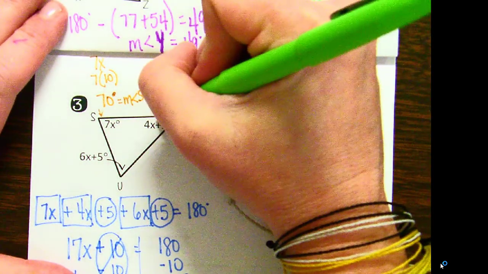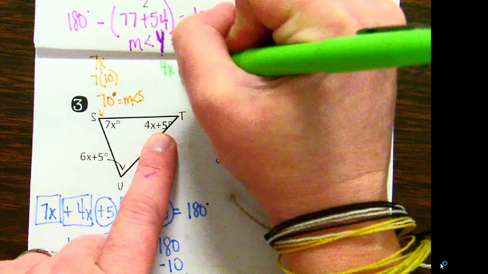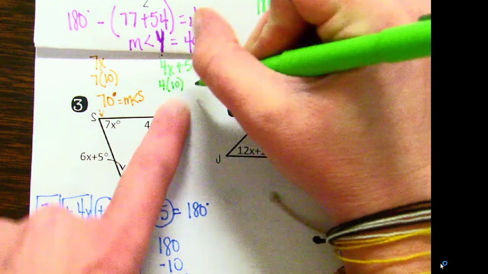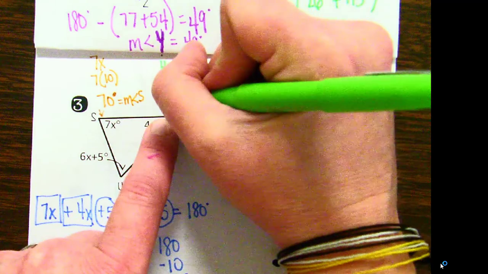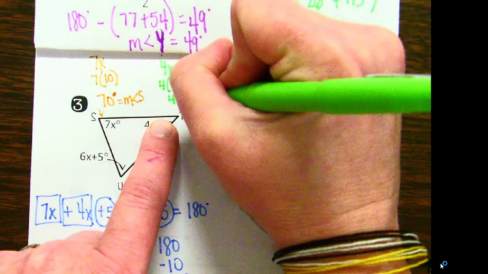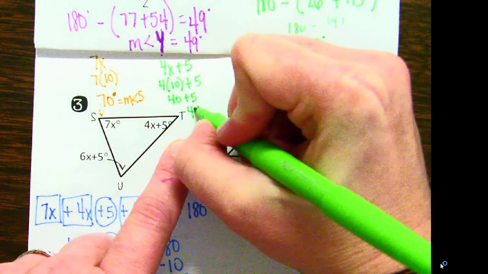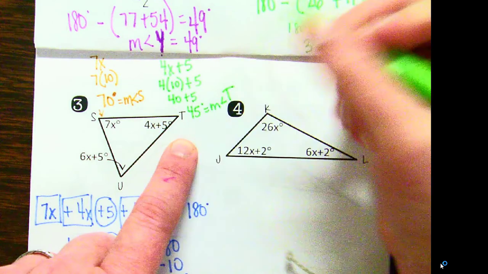So the measure of angle T, I'm going to pull it up here to the top of the paper. 4x plus 5. I'm going to substitute 10 in for the x with parentheses, because that means 4 times 10, which is 40. 40 plus 5 is 45. So the measure of angle T is 45 degrees.